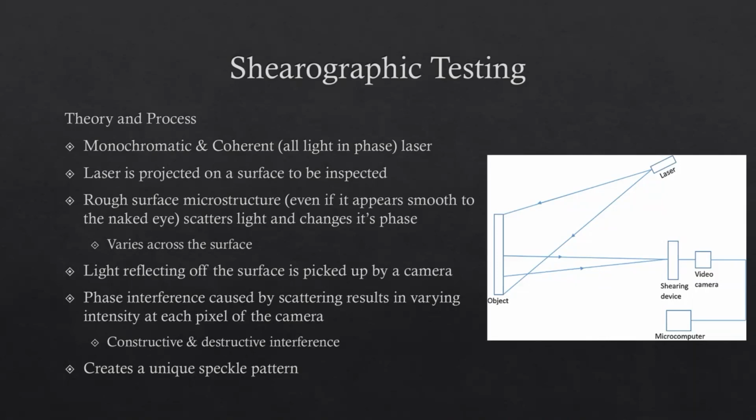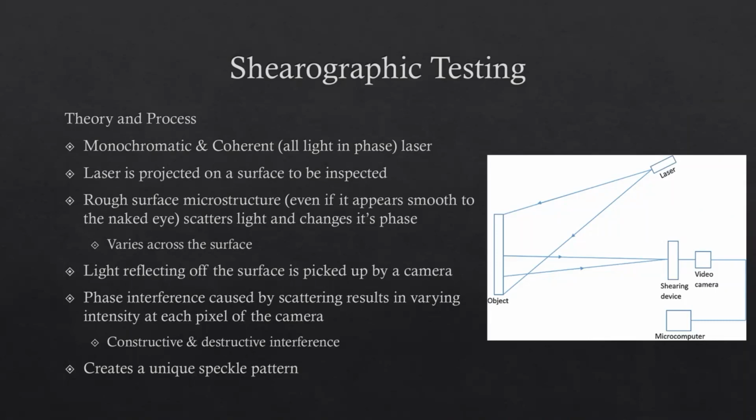In shearography, the camera, rather than looking at the color and the intensity specifically, it's looking at the lightness, light or dark, based on how those waves are interacting at that given point, and what that phase shift is causing in terms of constructive and destructive interference.